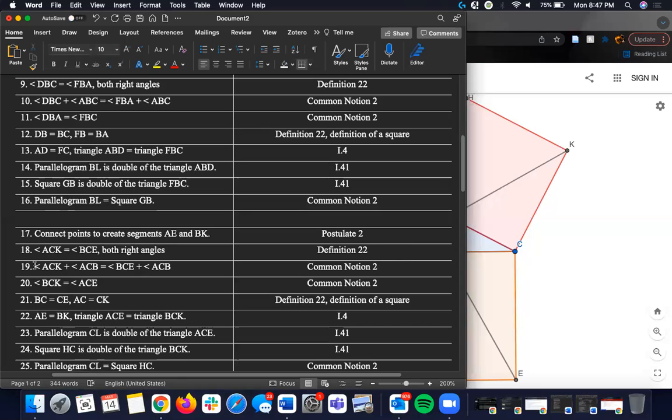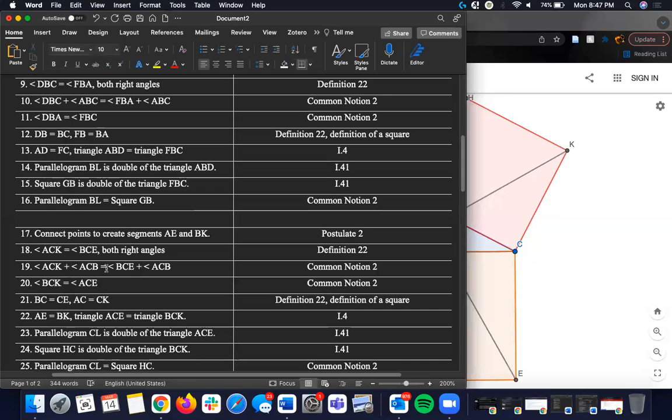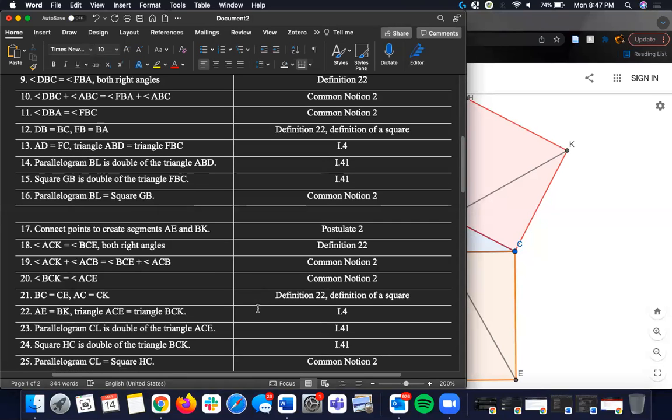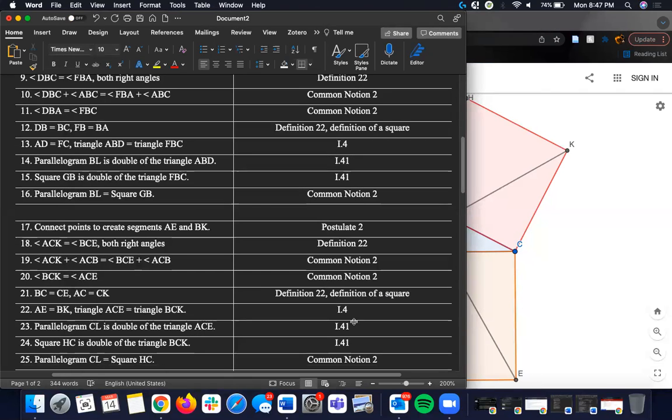Angle ACK and angle ACB added together are equal to angle BCE and angle ACB, according to Common Notion 2. As well as angle BCK is equal to angle ACE, according to Common Notion 2. So therefore, BC is equal to CE, and AC is equal to CK, according to Definition 22, the definition of a square.